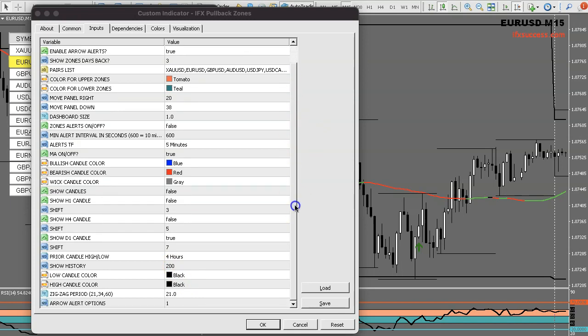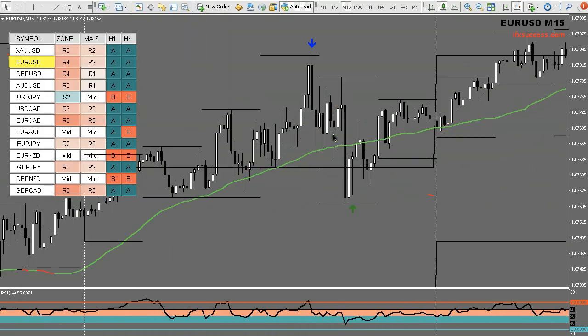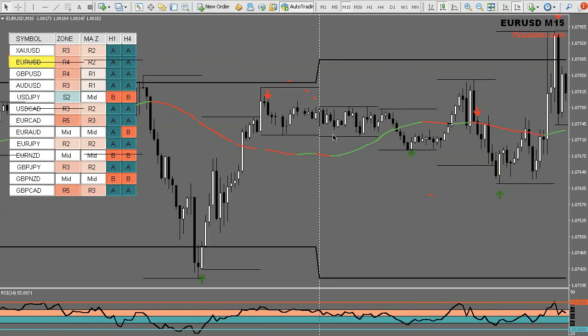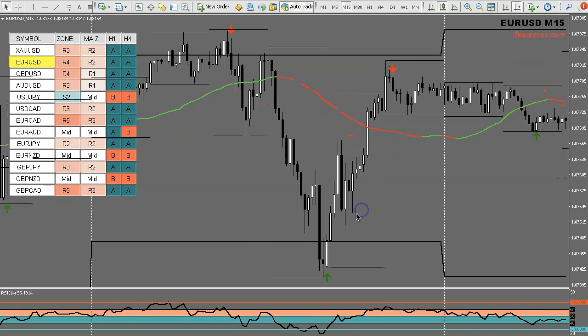I would have to edit this. It doesn't show it in here, but when you see it, you're going to see 1,000, to look back 1,000 bars. When you have it, we can see history and go back more. All right, so for example, this is a great example right here.